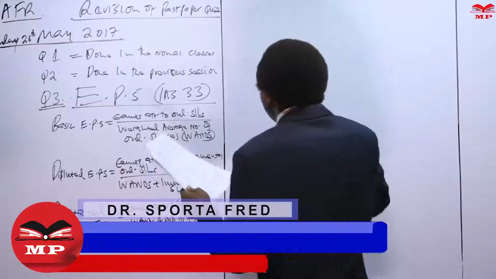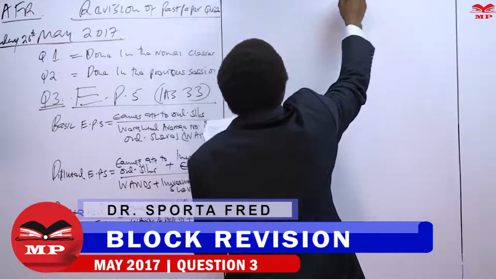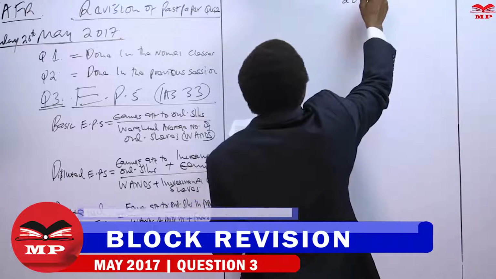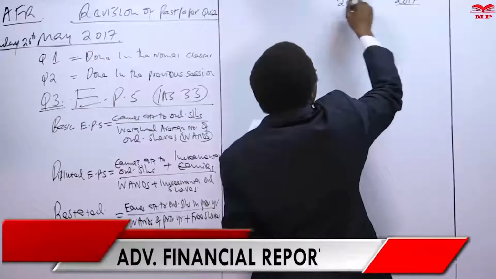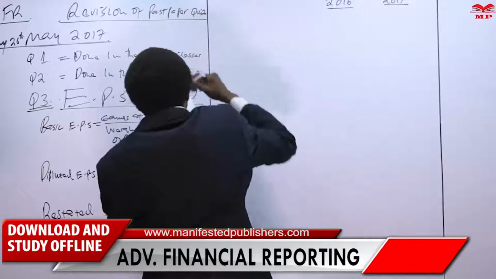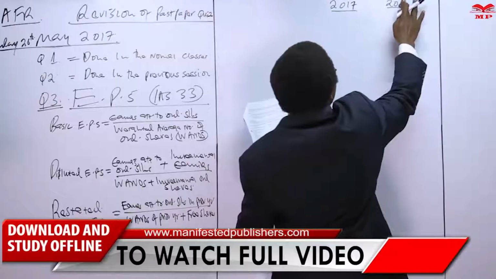So we talk about the earnings. We have 2016 and 2017, or it is the other way around. If you use the other way around, just as per the question, the better.